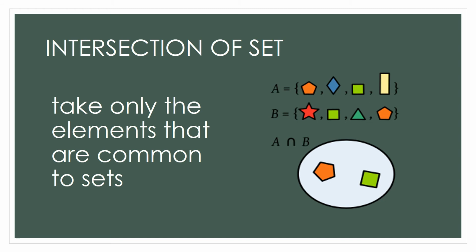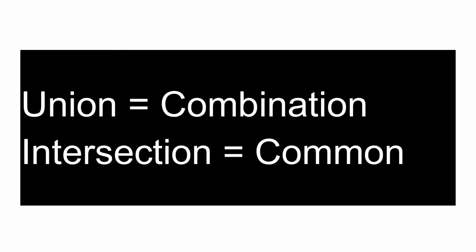When we get the intersection of the two sets, if you notice, the answer in this problem was simply the common elements of set A and B. So when you say intersection of sets, it means that we need to take the common elements from set A and set B, or from the sets involved. Okay? To sum it up, union is simply the combination of sets, while intersection is the common elements of the sets involved.